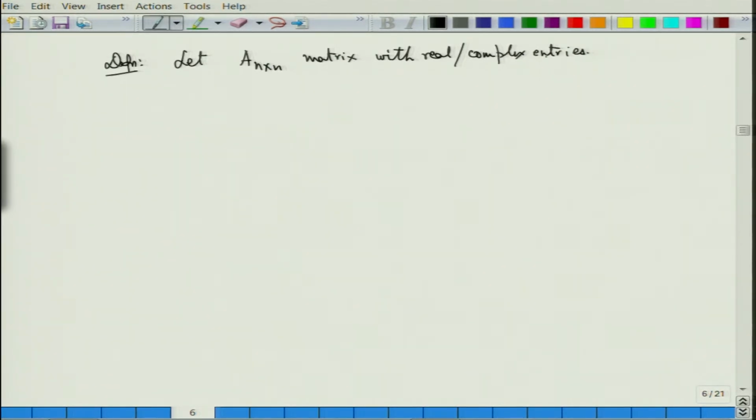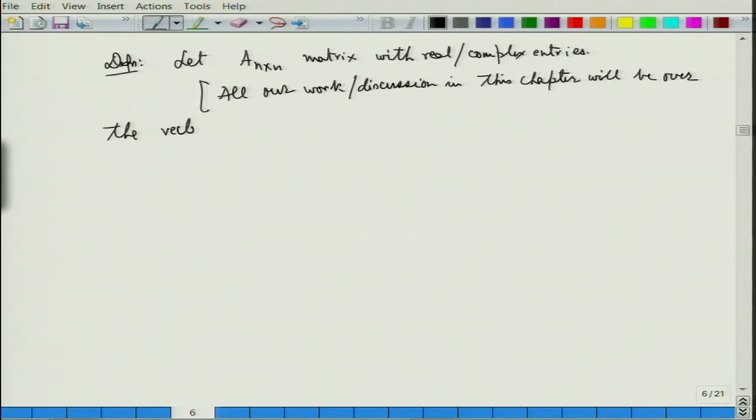I would like you to emphasize one thing here, that all our work or discussion in this chapter will be over the vector space Cn over C.